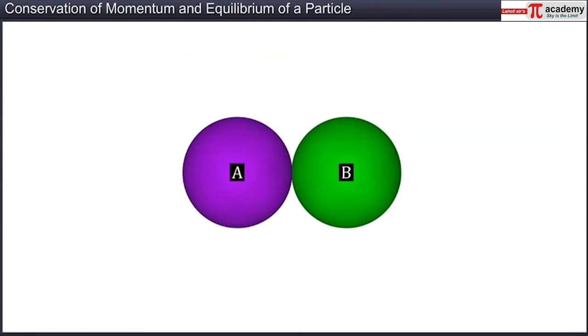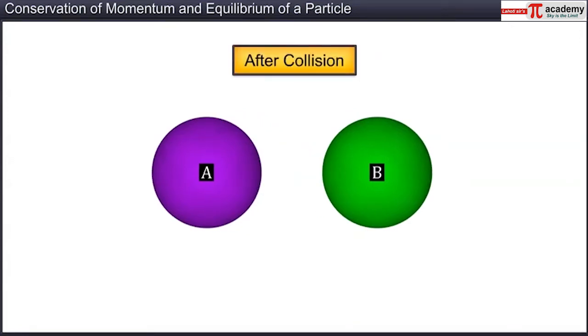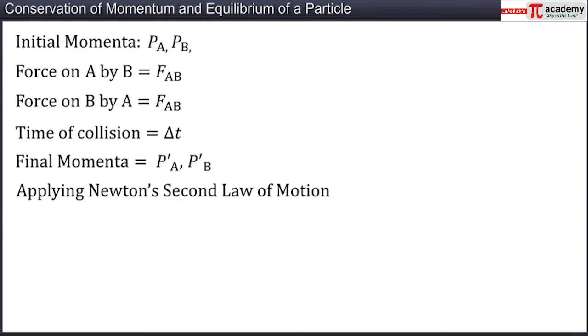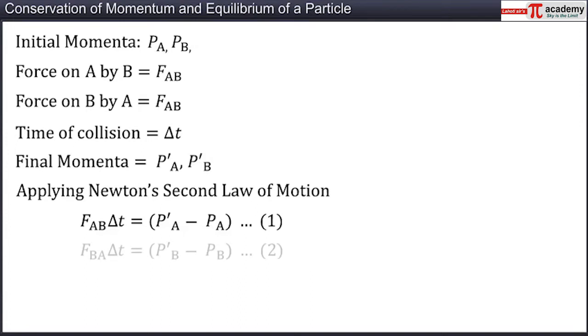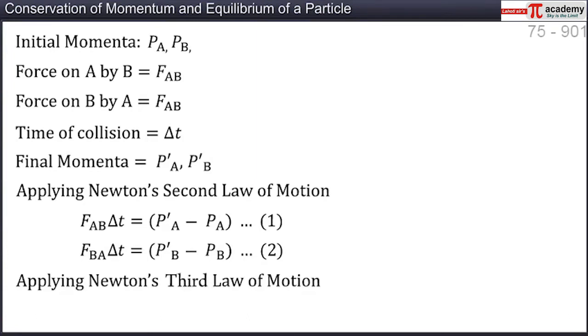Now, the final momentum of A after collision is P'A, and the final momentum of B after collision is P'B. Applying Newton's second law of motion to the two bodies, we get Fab delta t is equal to P'A minus Pa, and Fba delta t is equal to P'B minus Pb. Applying Newton's third law of motion, we get Fba is equal to minus Fab.